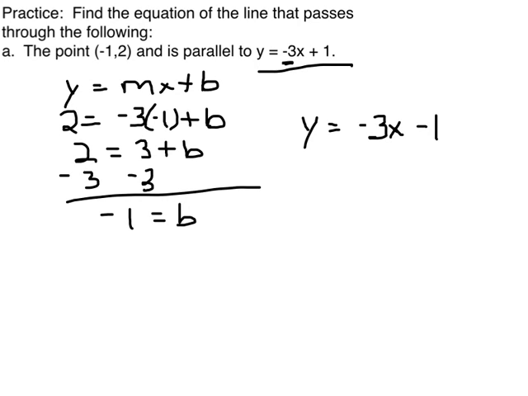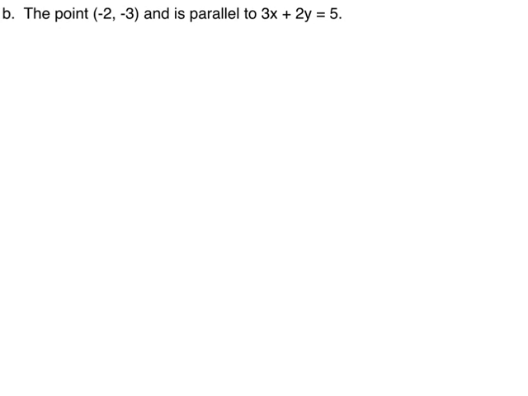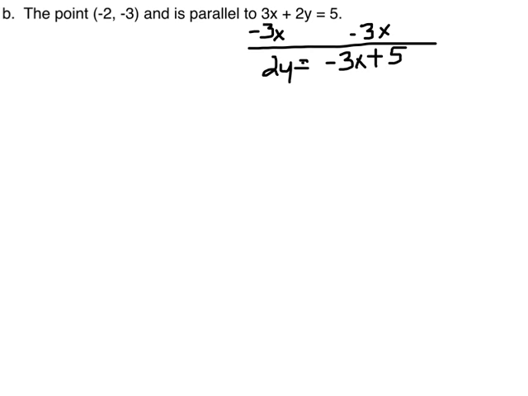Alright, let's do the next. Find the equation of the line that passes through the point negative 2, negative 3, and is parallel to 3x plus 2y equals 5. Now on this one, I'm going to have to move this 3x and then put it in correct form. So I get 2y equals, and this is what I mean by correct form, I'm going to write this negative 3x first, plus 5.